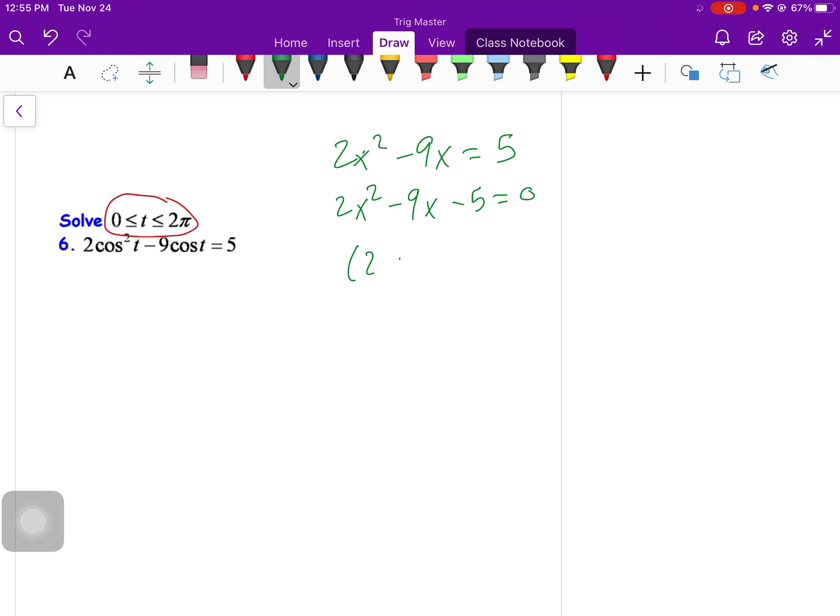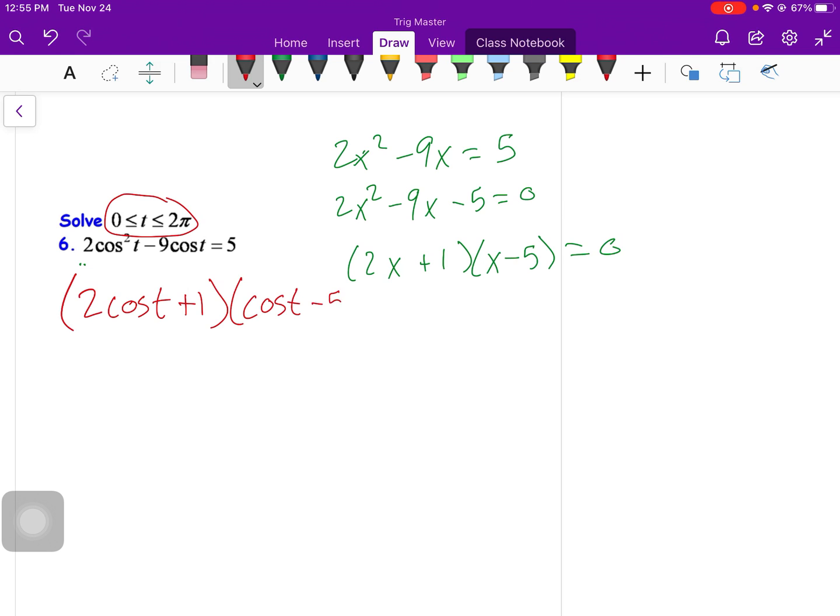In the warm-up, we said it was 2x plus 1 times x minus 5 equals 0. So what we have here is actually going to be 2 cosine of t plus 1 times cosine of t minus 5 equals 0. Instead of writing x, we have cosine of t.